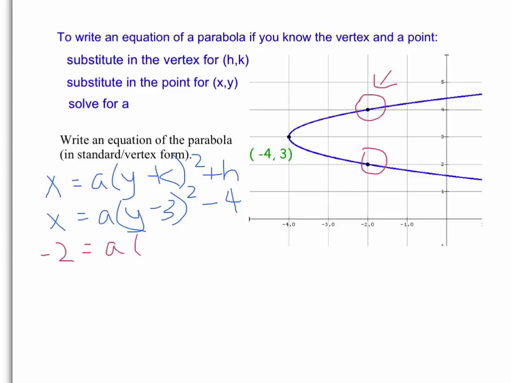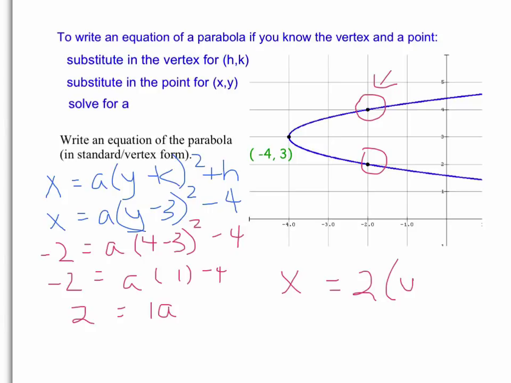I'm now looking for a. For my y value, I'm going to put in 4 and solve that for a. So that gives me a full equation of x equals 2 times y minus 3 squared minus 4. And if you're not sure, check another point just to make sure that it all works.